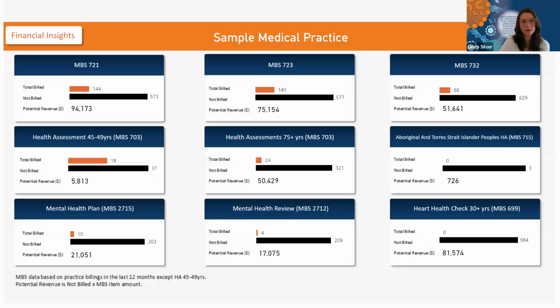Okay, financial insights. This page is intended as a starting point for discussions about continuity of care and whether your current process is working for that purpose. So we are not trying to ascertain whether you are performing too many or too few care plans and health assessments.